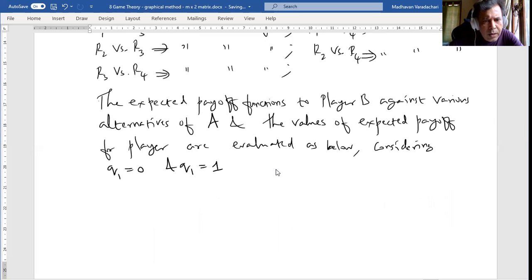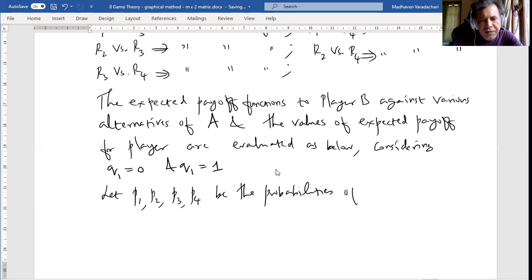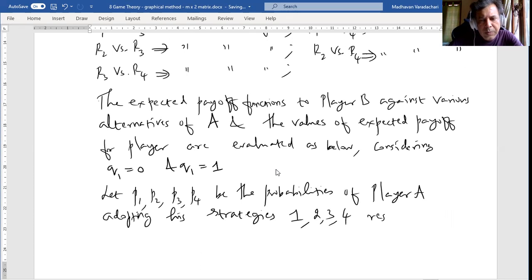And what is all this Q1 and so on? First of all, we will have to define: let P1, P2, P3, P4 be the probabilities of player A adopting his strategies 1, 2, 3, 4 respectively.